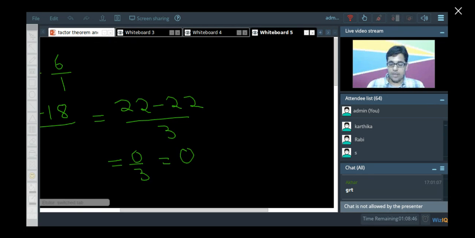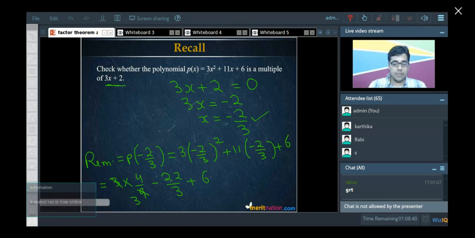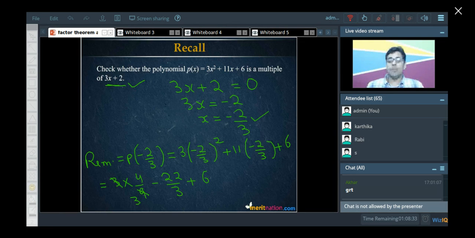We can say the remainder is 0 directly from the remainder theorem. So 3x plus 2 is a factor of the polynomial P(x), and the polynomial P(x) is a multiple of the linear polynomial 3x plus 2 in this example.